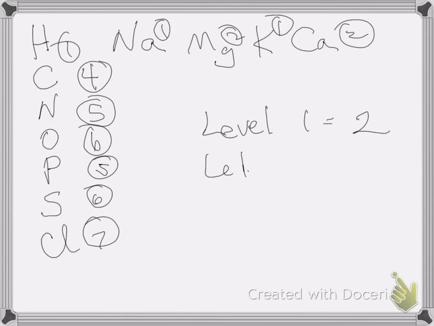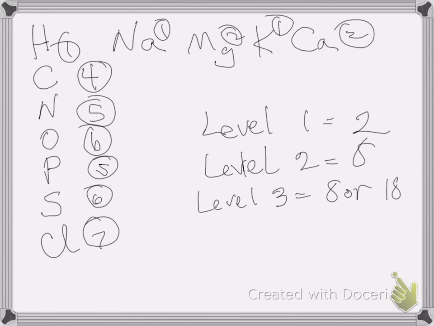Level 2 things need 8. Level 3 things, 8 or 18, don't ask me why. It's a long story, don't ask. And then level 4, we won't care. Okay, I think it's 36, but I haven't looked it up lately. I don't care what level 4 is because I'm a biologist, not a chemist. That's what it boils down to.